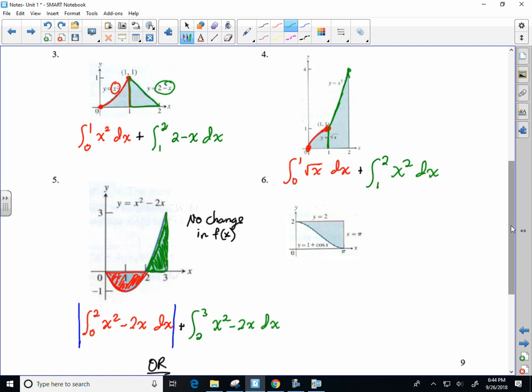All right. So if I wanted to find the area of the shaded region, what I would need to do is find the area below this line, right, which has a value of y equals 2. And that's going all the way from 0 to pi.